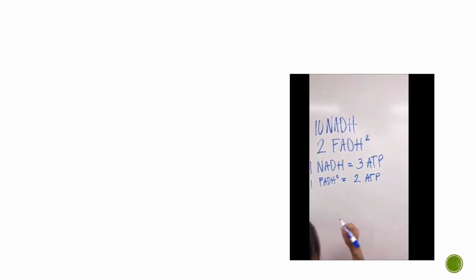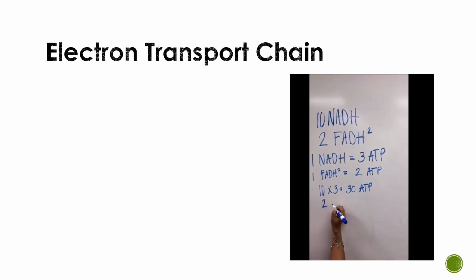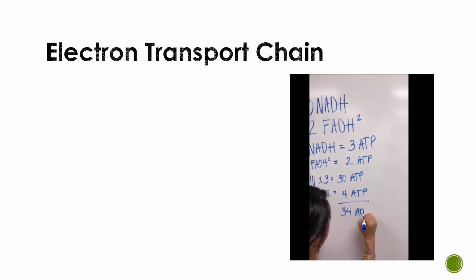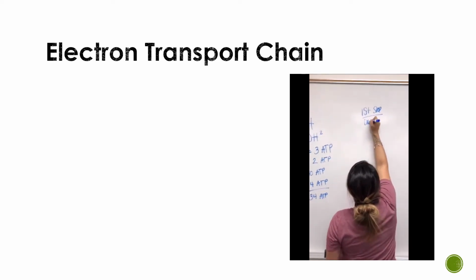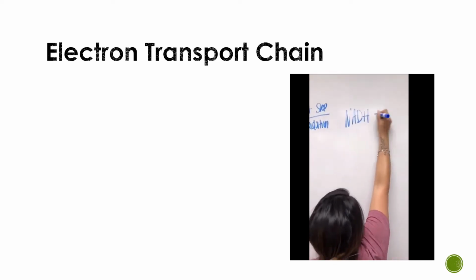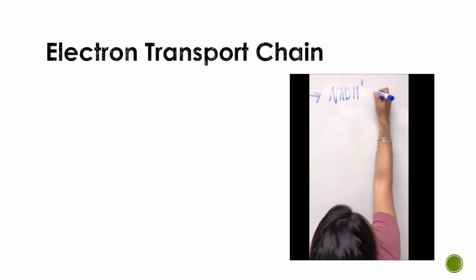The electron transport chain takes place in the matrix of the mitochondria in our cells. The process is aerobic, meaning just like the Krebs cycle, it requires oxygen to fulfill the process.